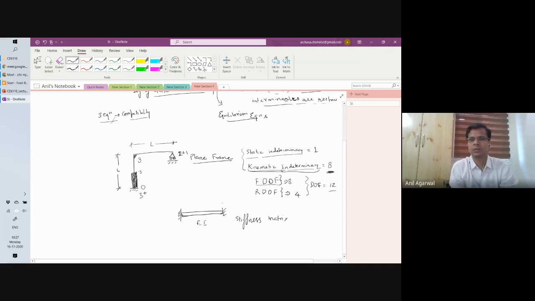Correct? For this kind of a member, you had defined the degrees of freedom 1, 2, 3, 4. And for this, you had developed the stiffness matrix, S matrix or K matrix, whatever you want to call it. Okay? Which had terms of force required for unit displacement, and so on. That's what we had done, right?